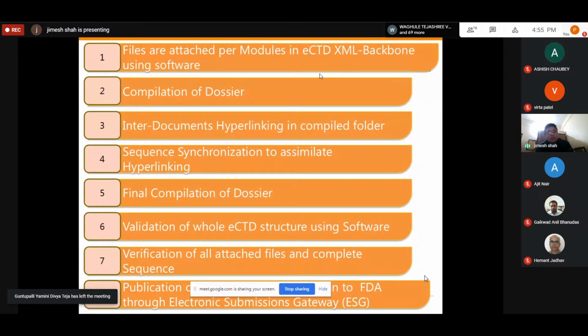We then synchronize and assimilate the hyperlinking, and do the final compilation of the dossier. Then we validate the whole eCTD structure using the software. We then verify all attached files and the complete sequence, and finally publish the sequence to the ESG gateway. So this is the general procedure that we follow for filing the dossier.